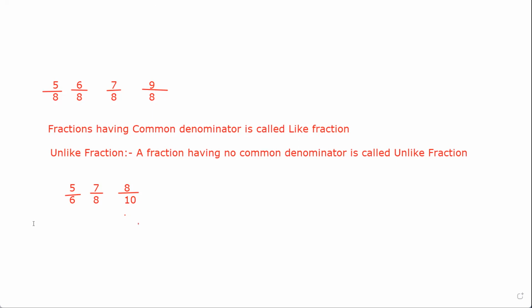After like and unlike fractions, now we have to understand what is a unit fraction. My dear student, what are unit fractions? Fractions are written in this format: 1/5, 1/3 and 1/7.